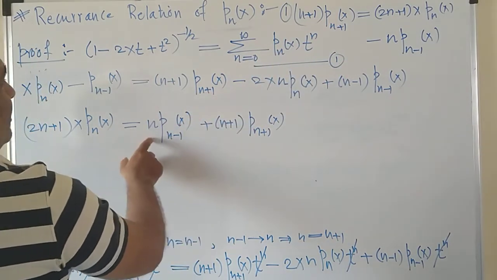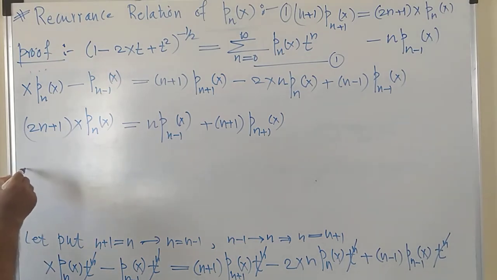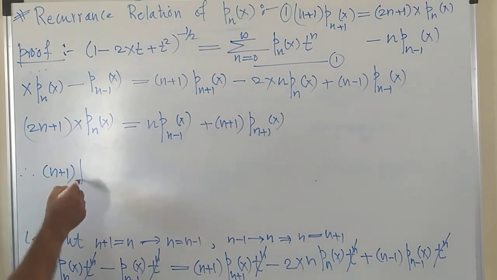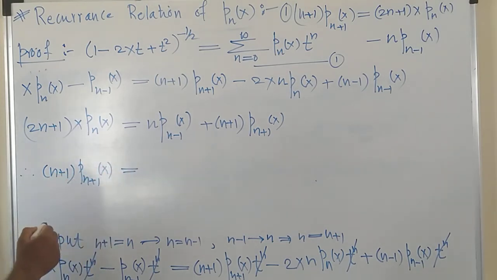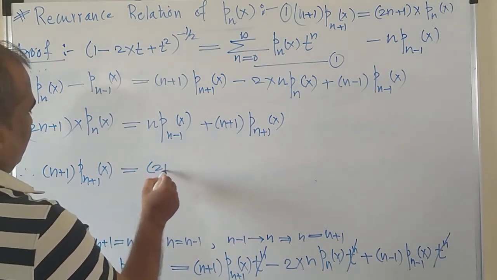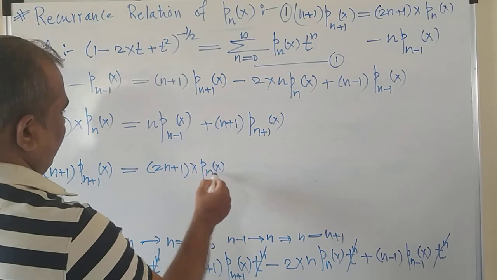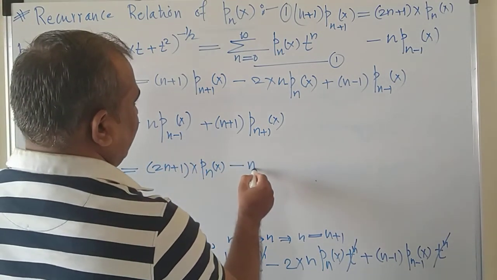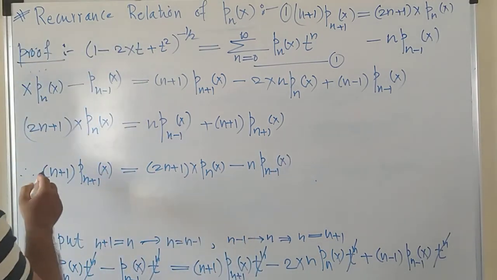So you can shift that and rewrite this, and thus I can say n plus 1 into Pn plus 1 of x is equals to 2n plus 1 of x into Pn of x, and if this is shifted, this will be a negative n into Pn minus 1 of x.